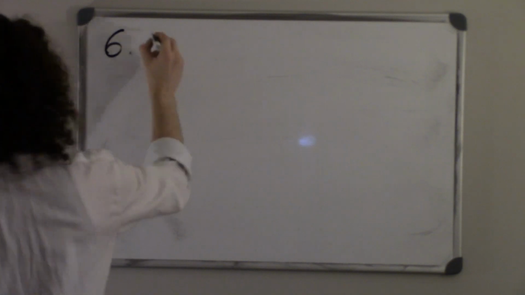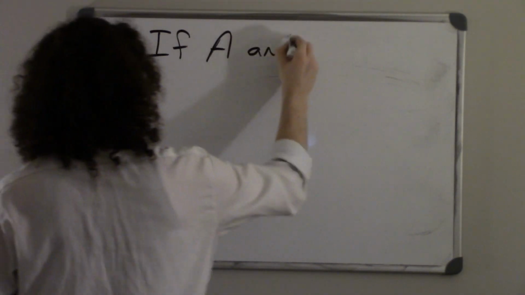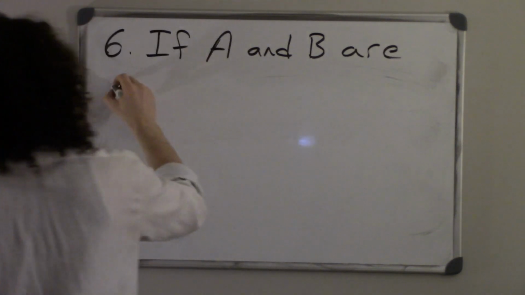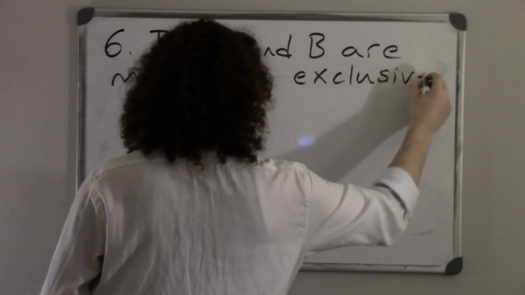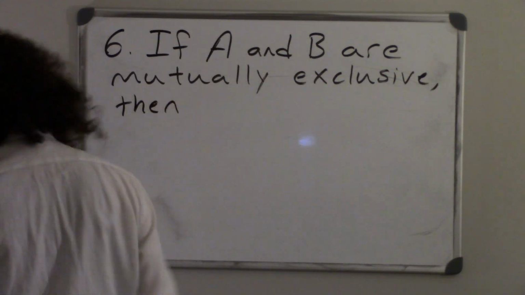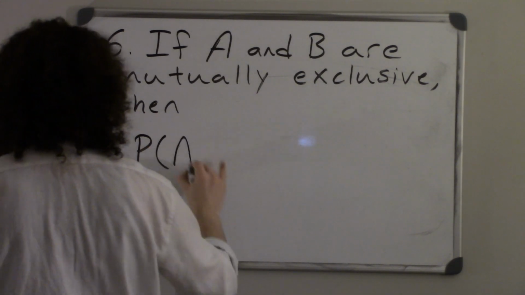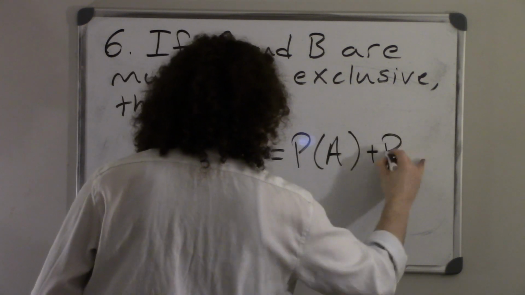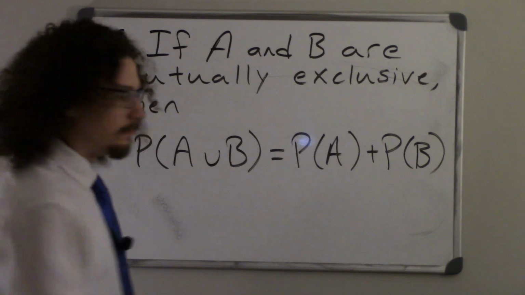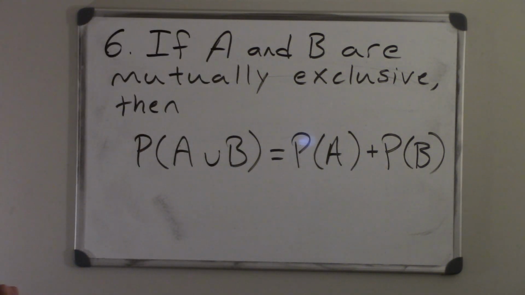Now we're going to use this to look at some more laws of probability. We're going to look at the 6th law, and it says that if our events A and B are mutually exclusive, then we can calculate the probability of the union of A and B as the probability of A plus the probability of B. This only works if our events are mutually exclusive.